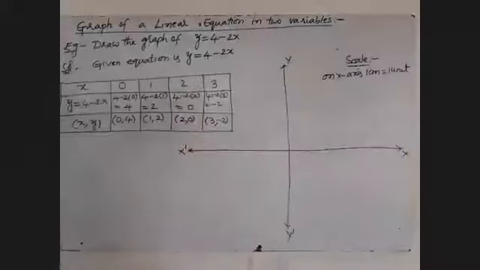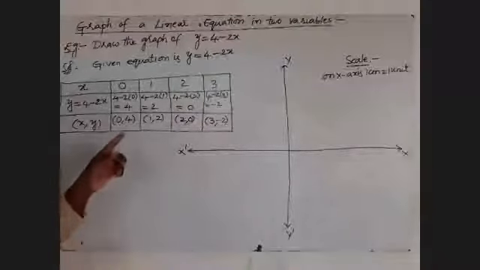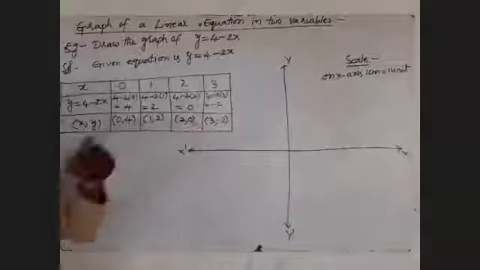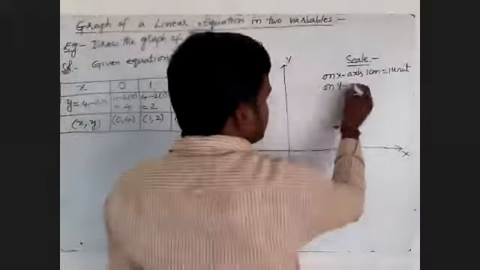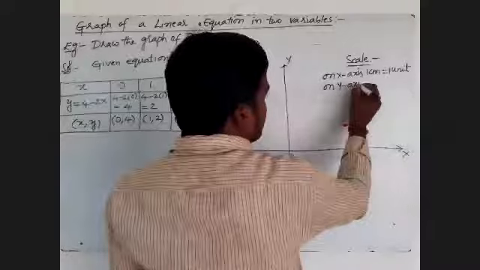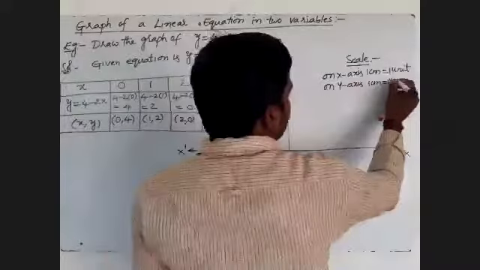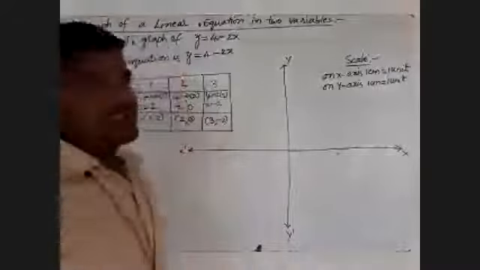After that, we observe the y coordinate values. Their y coordinate values are 4, 2, 0 and minus 2. Here we will write on y-axis, 1 centimeter is equal to 1 unit. Plot the points on the graph.